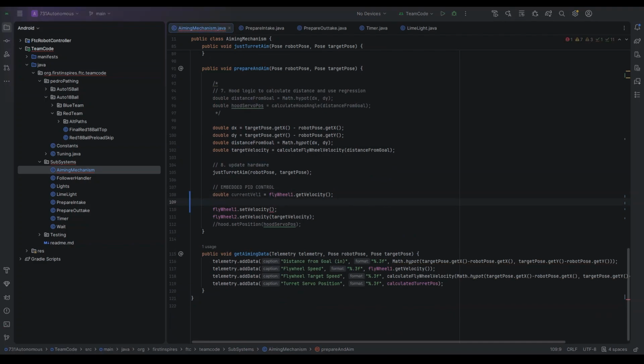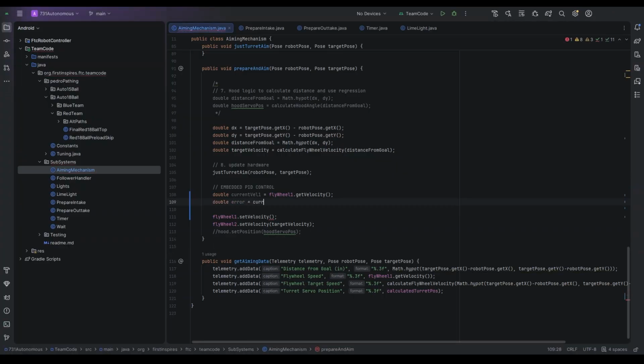And so, from here on out, in order to create a PID control system, all you need to do is get the current velocity value. Actually, no, this one's actually necessary. Double currentVelocity1 equals get velocity, and then we need an error statement. So double error equals currentVelocity1 minus targetVelocity.